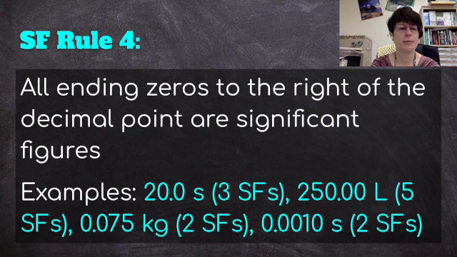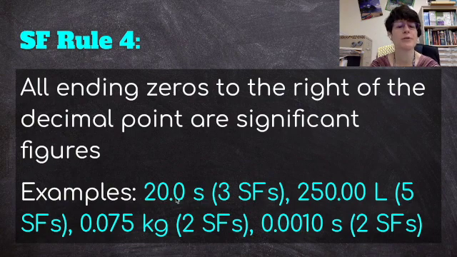Significant figure rule number four. All ending zeros to the right of the decimal point are significant figures. So for example, 20.0 seconds has three significant figures because this zero, because it's after a decimal, is significant, and this zero is significant because it's in between two significant figures.